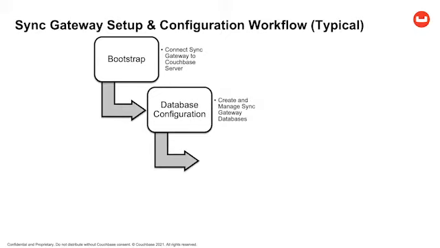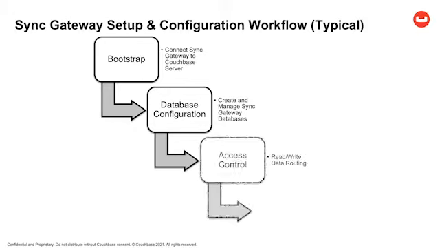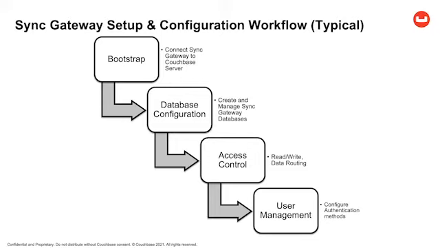Now, this includes things like giving the database endpoint name, the backing bucket name, configuring optional parameters like cache setup, whether you want deltas enabled or not, the authentication mechanism to use and such. Then the next logical step is you would configure read-write access policies, and this you do through a JavaScript sync function. And finally, you add users to the system.